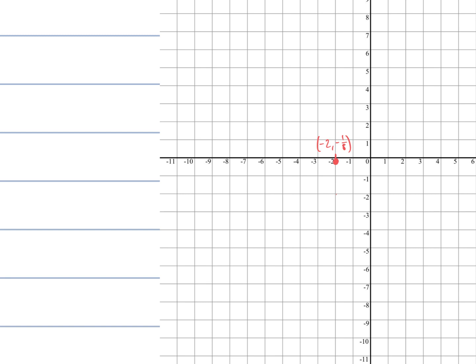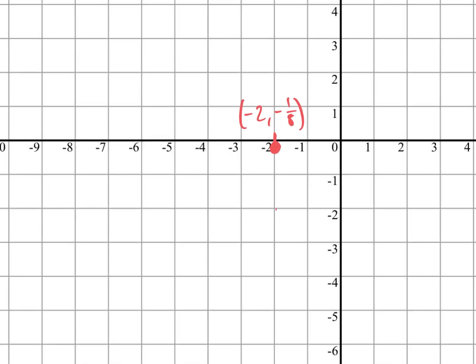Someone describe negative 1, negative 1 half to me. Natalie? You go left 1, and then half a cube down. Good. Half of a unit down, so it's somewhere in between there. David, do you see how this one's negative 1 and then negative a half is down half of a unit versus an eighth of a unit, which was much closer to 0?